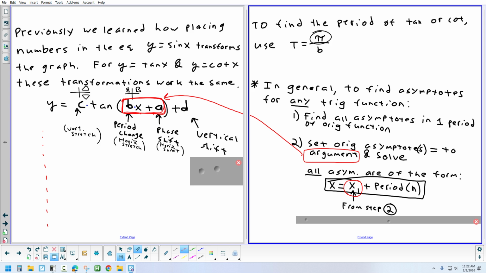If there was no change to the tangent or cotangent period, what's the default period for tangent and cotangent? Yeah, pi. Yep, it would be pi. And again, for step 1, you're going to have a table that's going to help you remember that in a little bit.